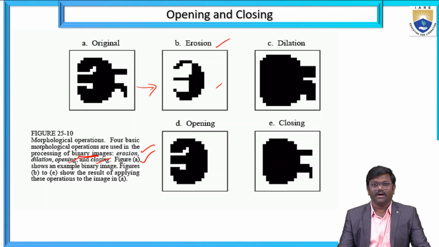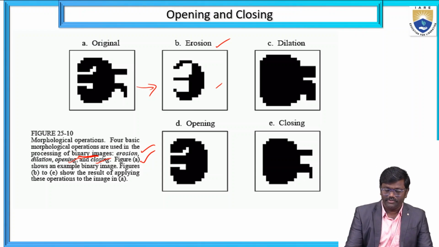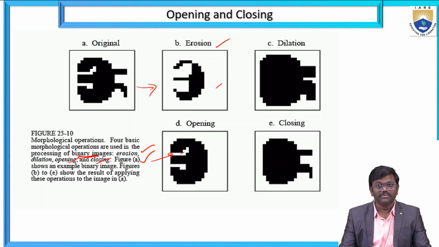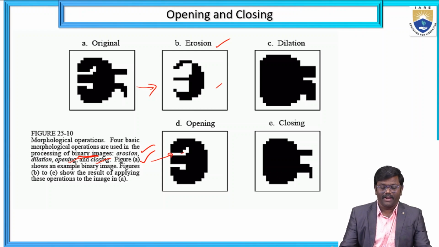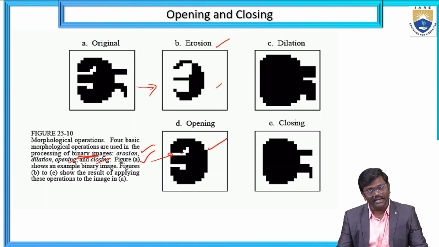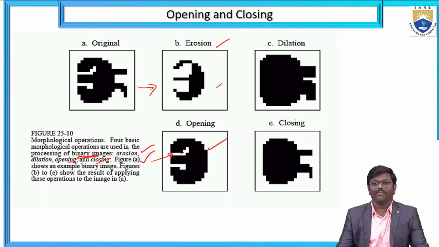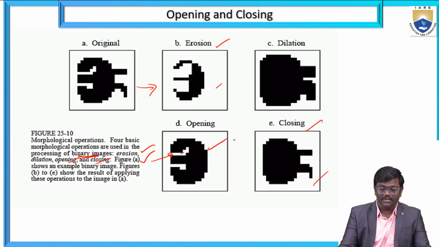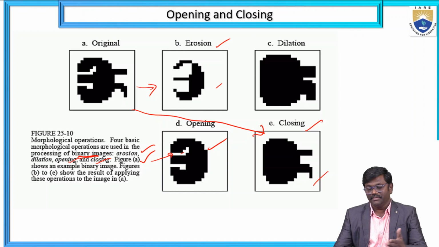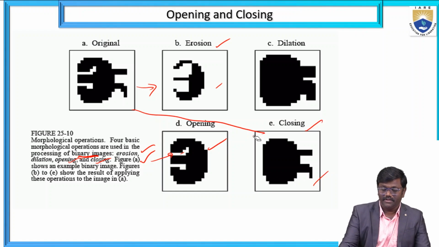Next, coming to the opening, where 0 means nothing is visible, so the black color base part will be attained. This is attained through the opening operation, whereas the closing operation is here. You see the difference between the original image and the image after closing is applied.